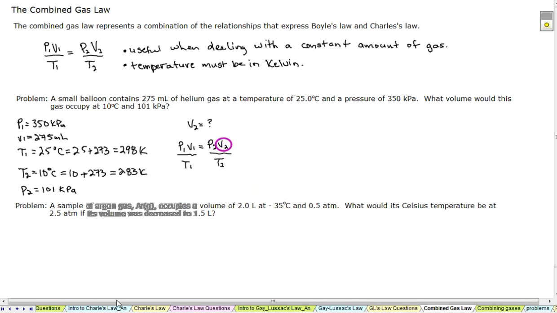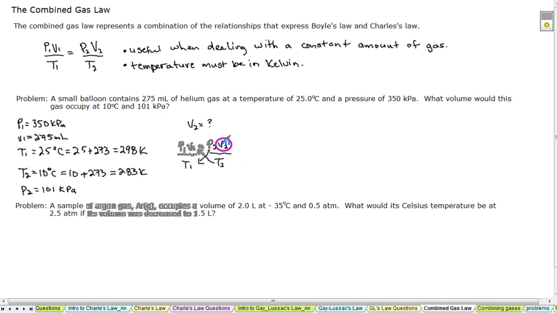V2 by itself. So in order to get V2 by itself, I'm going to have to cross divide my P2 down and cross multiply my T2 up. I like to use little arrows here to show what I'm doing instead of writing everything out in long. I'm sure the math teachers don't like that.